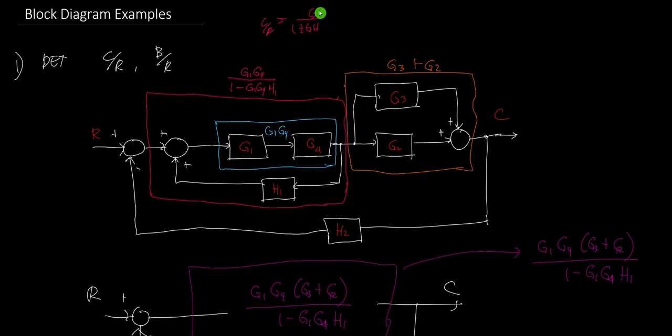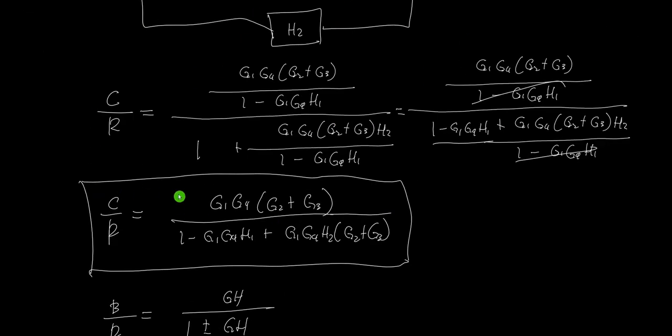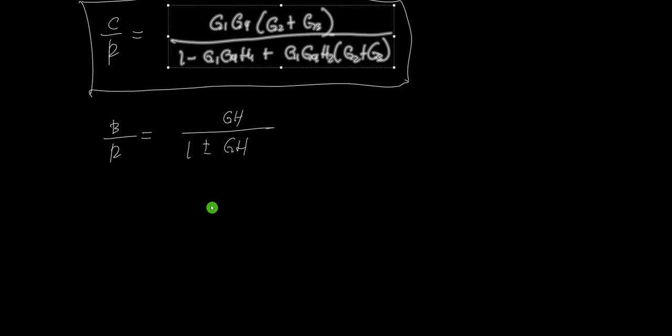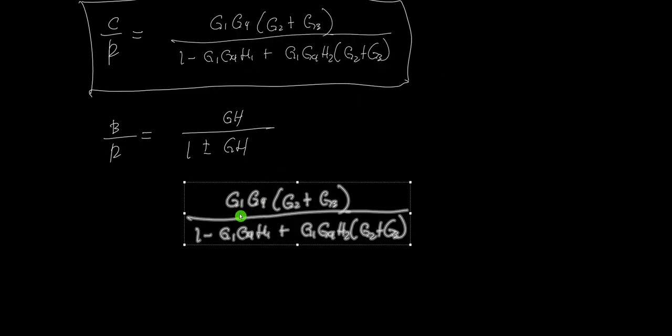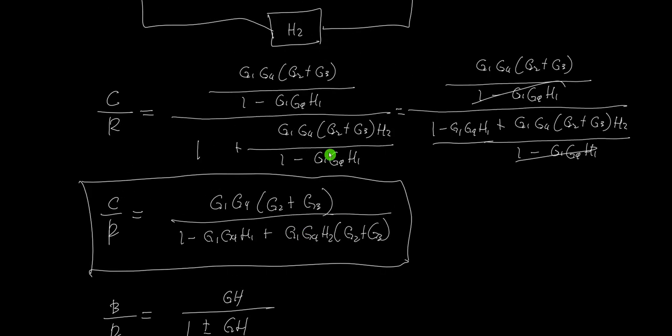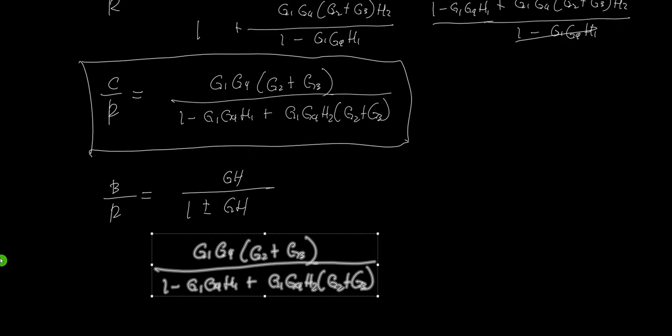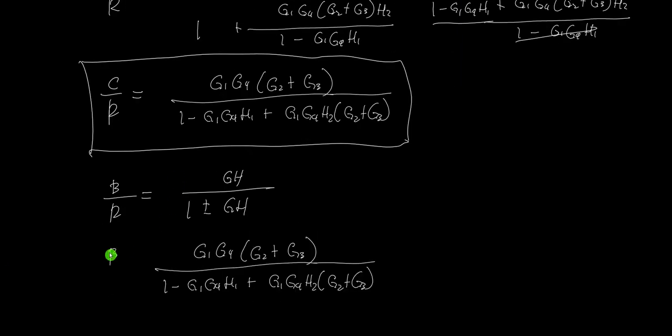So you just need to multiply this by H. And remember, our H here is H2 in the canonical form. So B over R now is just equal to this one times H2.